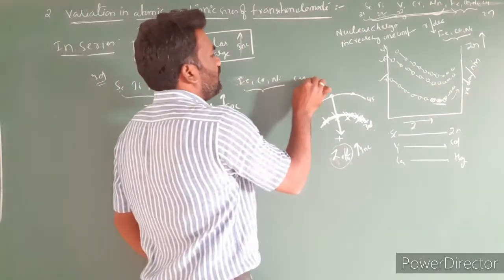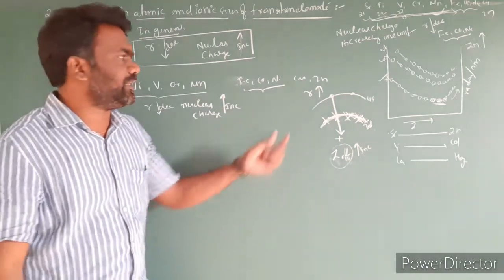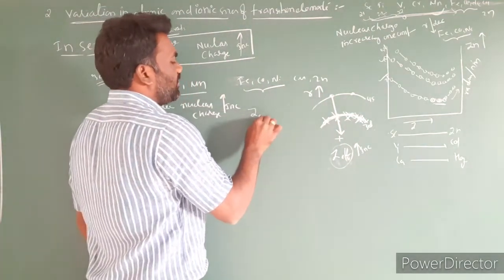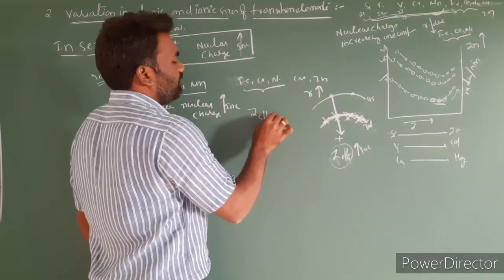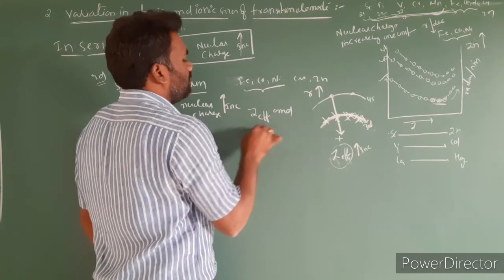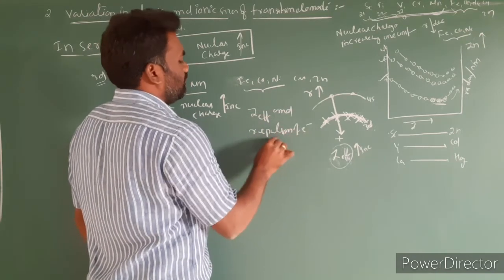And for copper and zinc, the radius increases because of increasing repulsion. Z effective is balanced, and the repulsion of electrons is balanced.